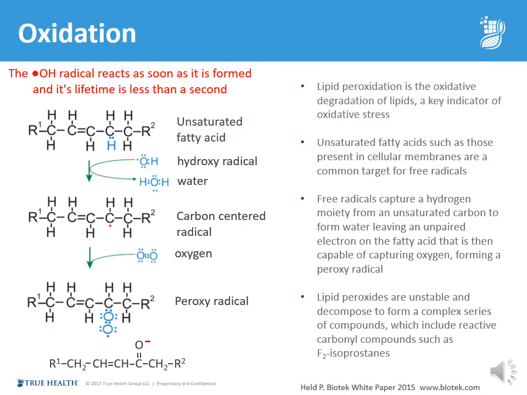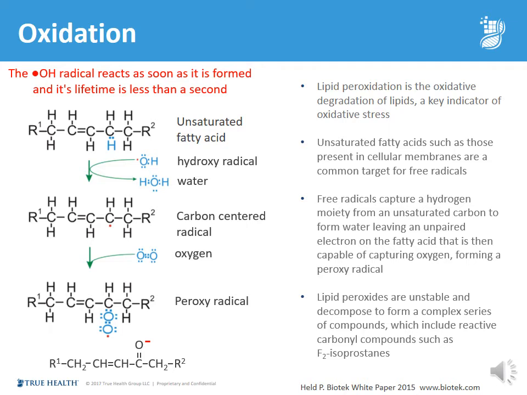And that's going to subject it to virtually immediate degradation. It's not going to function structurally in the cell membrane as would the normal fatty acid, and that's going to change cell signaling and the entire integrity of the cell. And if this happens to too many fatty acids and too many phospholipids, that cell is probably going to die.